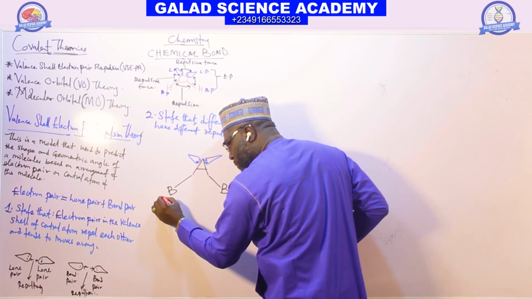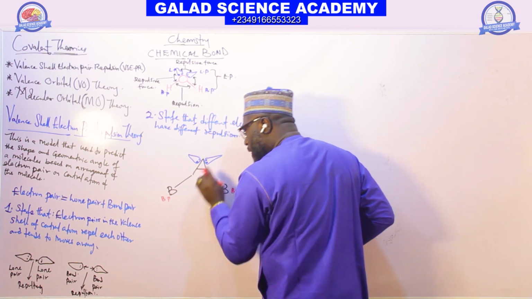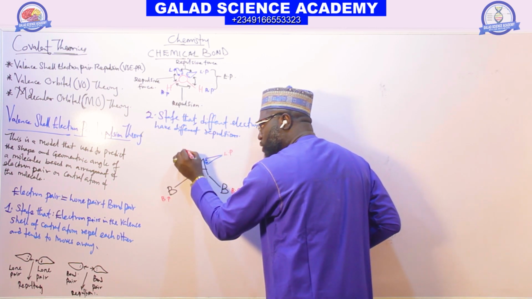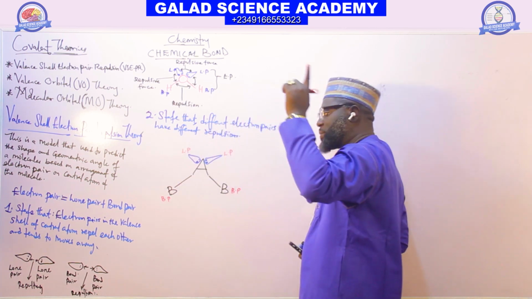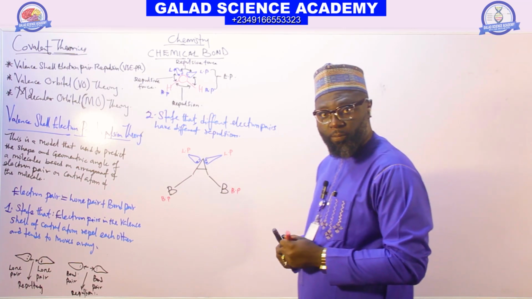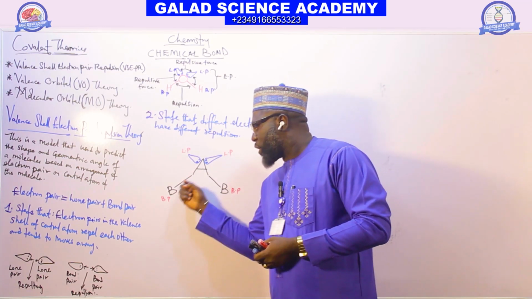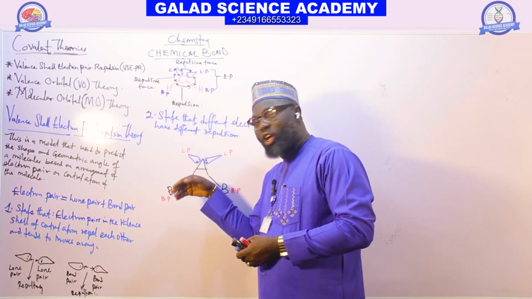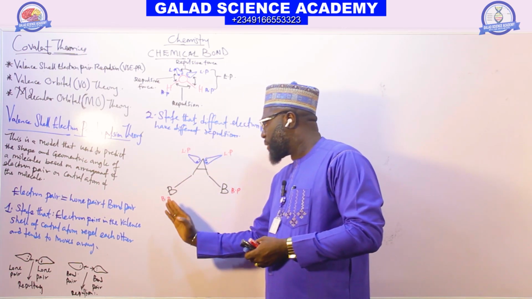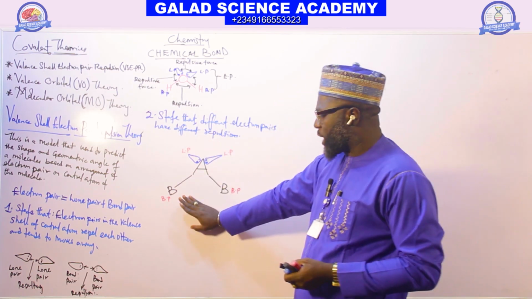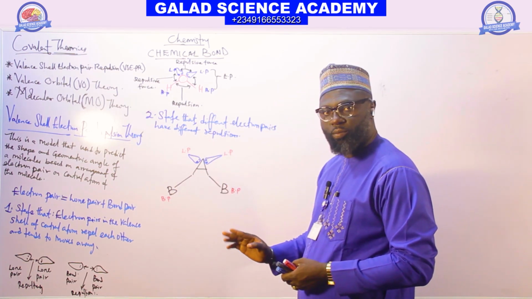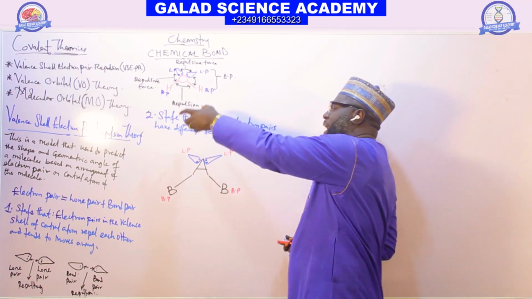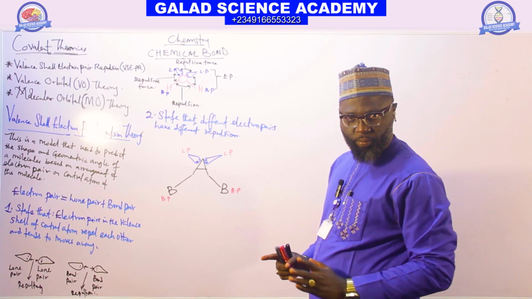But this one we call a lone pair. I've explained the meaning of bond pair and lone pair before. Electrons that are involved in bonding are called bond pair. Electrons that are not involved in bonding are called lone pair. So in this A molecule, with this central atom, I want to explain the second postulate. It says that different electron pairs have different repulsion.